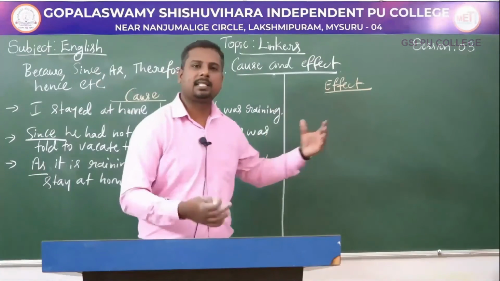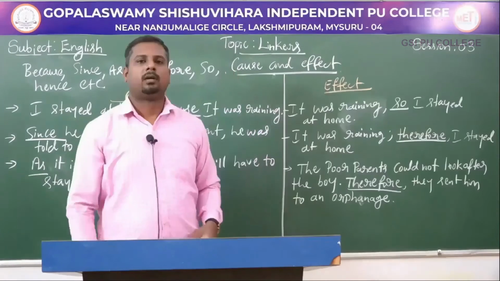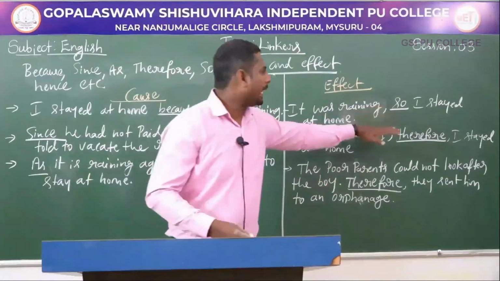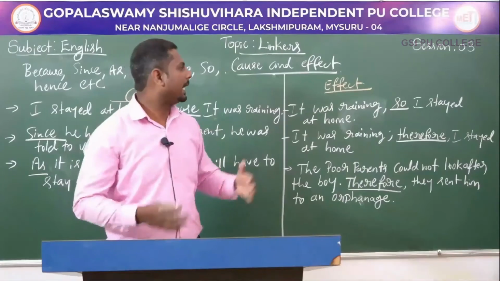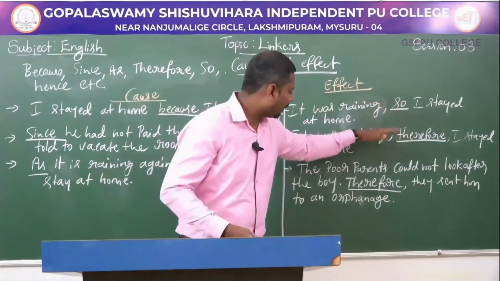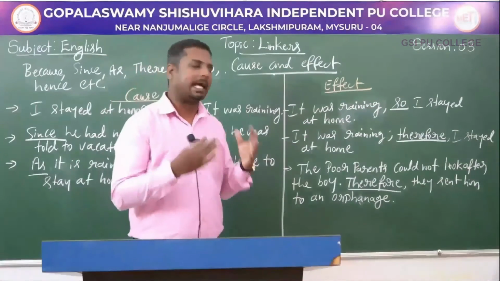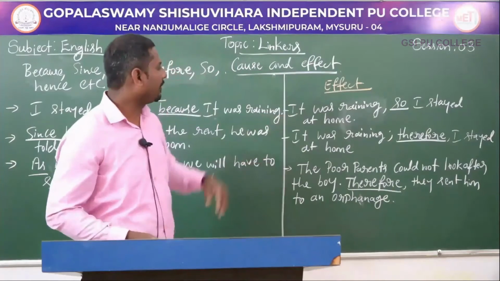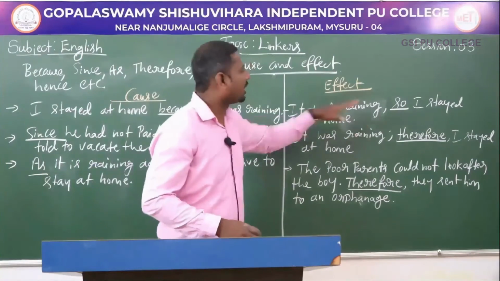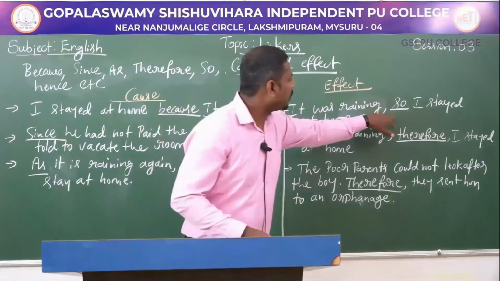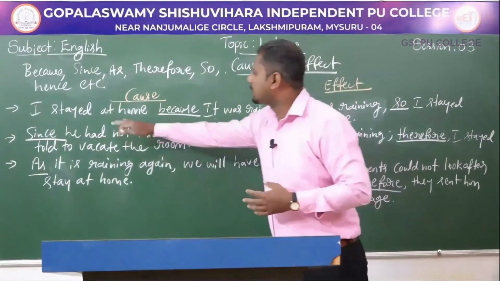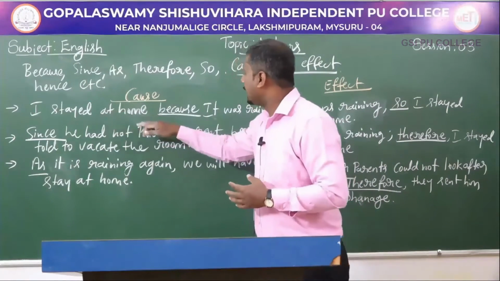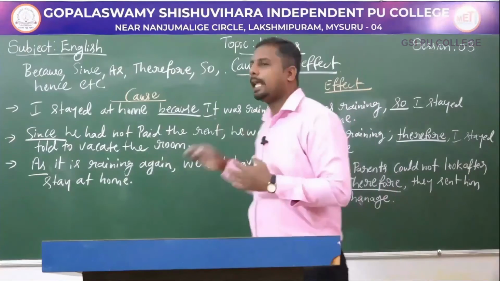Now let us see sentences related to effect. Here you can see linkers like so and therefore, which are used to express the effect. In the first sentence, it was raining, so I stayed at home. This is the opposite of the sentence I stayed at home because it was raining.